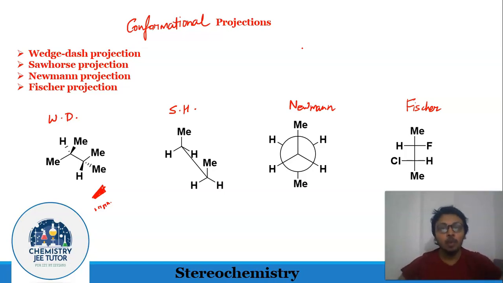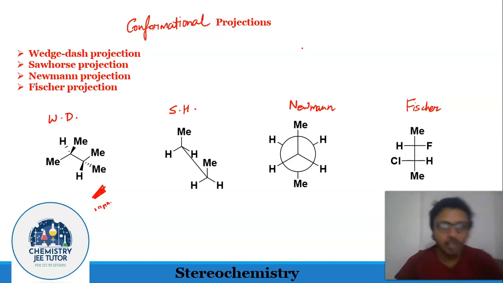Because as soon as we go to a cyclic system, even if we have a single bond, it consists of both the sigma and the pi bond of the ring. And in double bonds and triple bonds in acyclic systems, there is already a pi bond. So free rotation is allowed only when we have a single bond, that is, only when we have a sigma bond. When do we have a single bond? When the carbon is sp3.